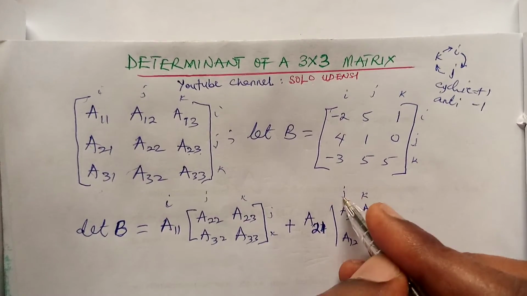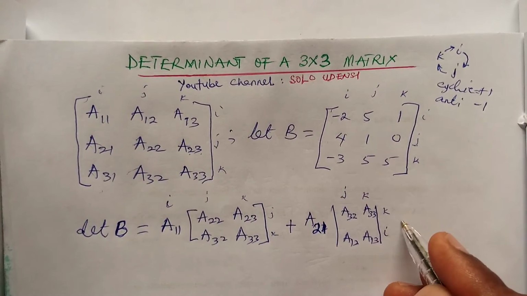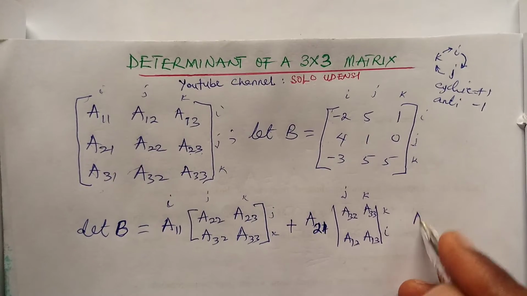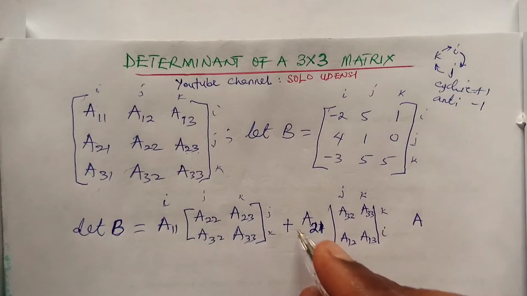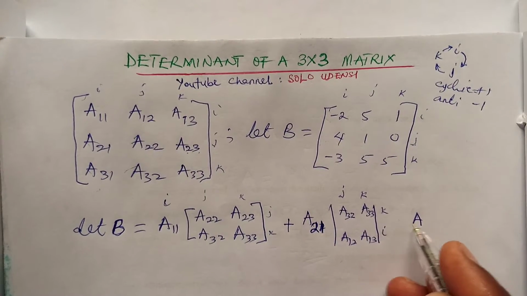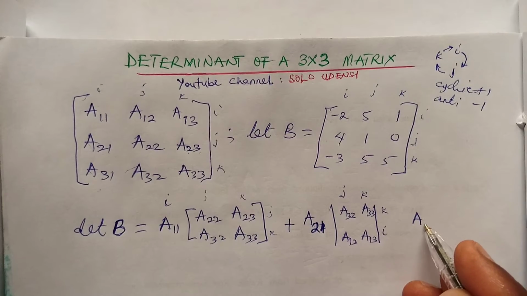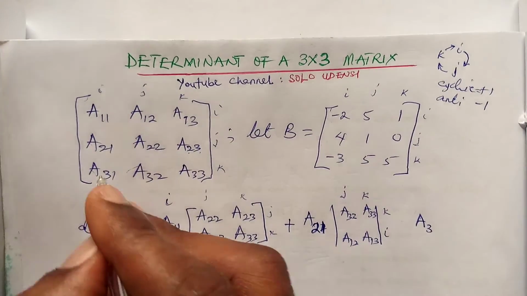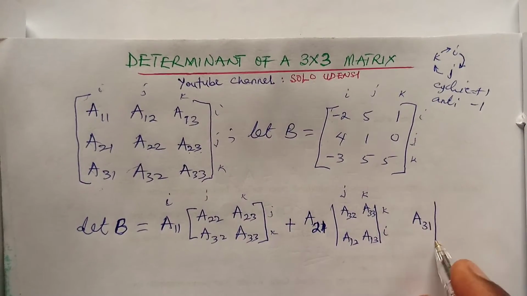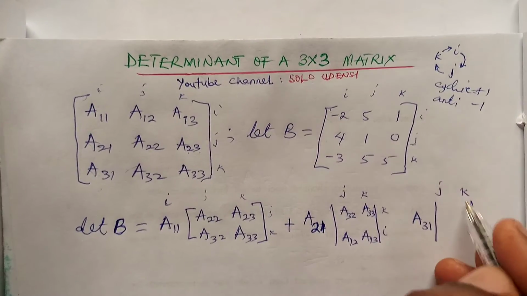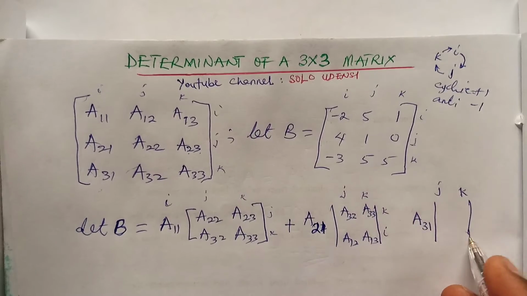JK is positive. So the last one is A. We are not writing the sign first. We'll write it when we are sure of what will happen here. So this one will be A31. We want of course JK, so that one is positive already, cyclic.